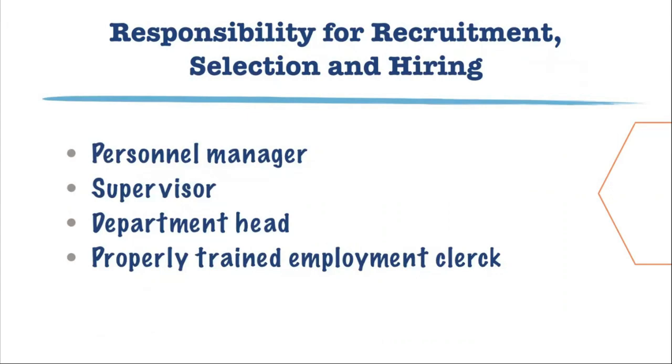Employment selection is a joint responsibility of the personnel manager and the line managers, and therefore there must be cooperation. This is especially important because the line managers and supervisors may be reluctant to entrust this function to the personnel department.